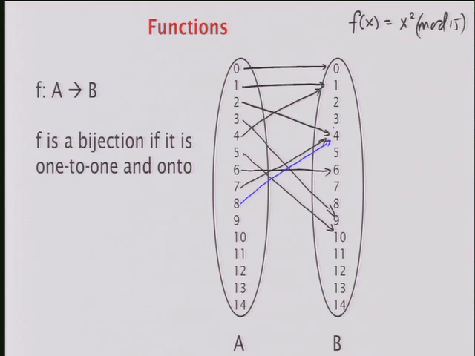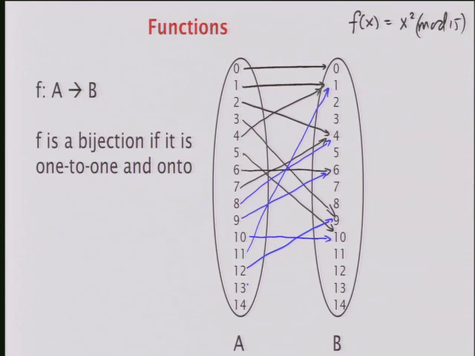Okay, what about 9? 9 is the same as minus 6, so 9 squared is the same as 6 squared. 10 is the same as minus 5, so 10 squared is the same as 5 squared. 11 is 4, so 11 squared is 1. So 1 has now at least 3 square roots. 12 is the same as 3, so 12 squared is 9. 13 is the same as 2.